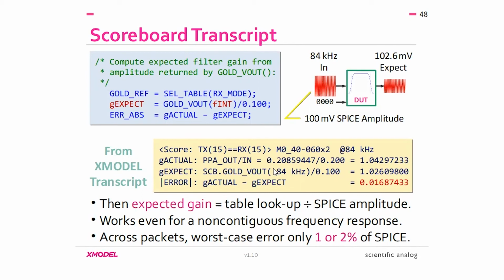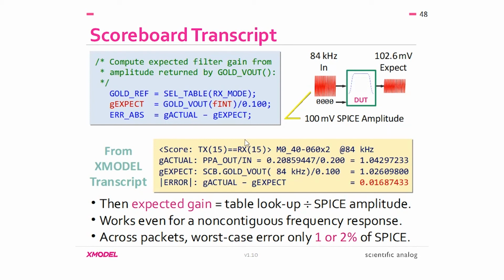And on this last slide, we're seeing an excerpt of the Scoreboard Transcript. Here we're showing just one transaction. Transaction 15 happened to have the worst case discrepancy.